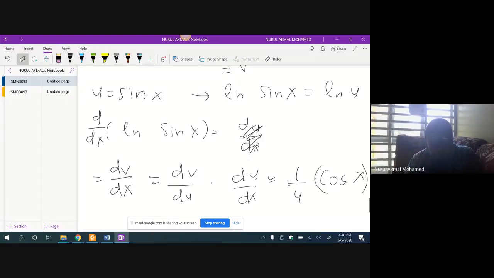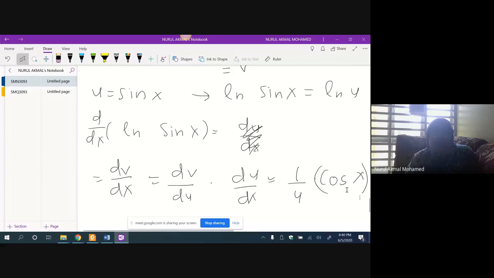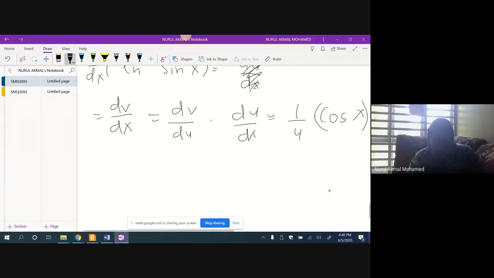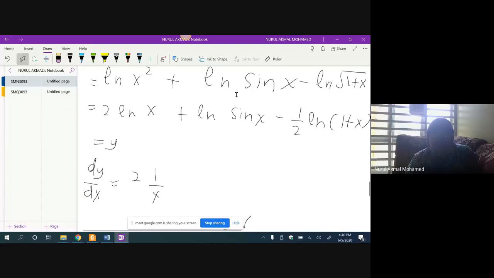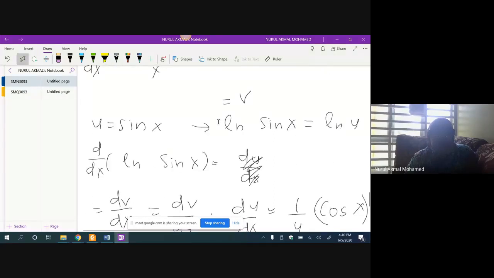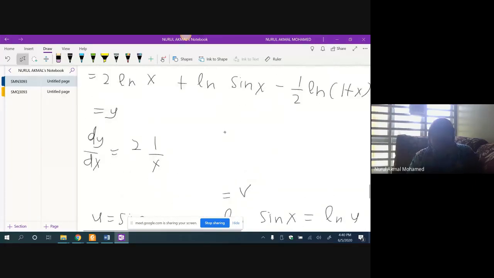So the answer will be 1 over u multiplied with cos x, which is cotangent of x. So this is the answer. You substitute it here, so this is plus cotangent of x.